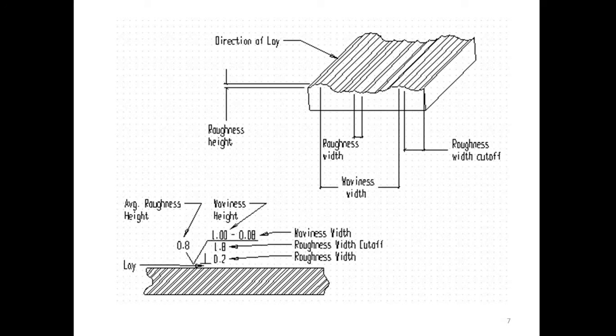Then 1.8 is the roughness width cutoff. Roughness width cutoff is shown there. It may be 0.8 mm, 0.4 mm, 0.8 mm, like that. Then next is the roughness width as shown. Then lay is perpendicular, the direction of lay. Some machining is there. The direction is shown here.